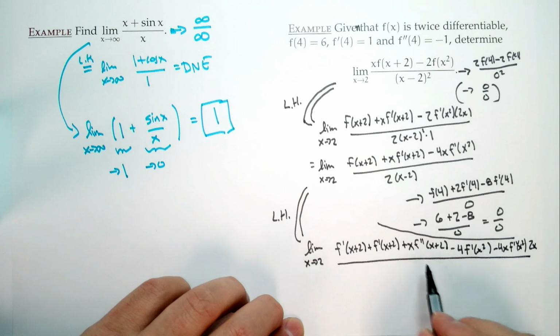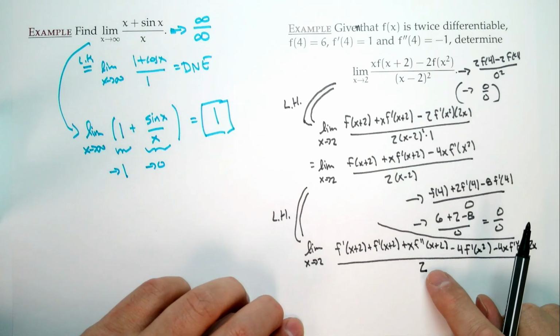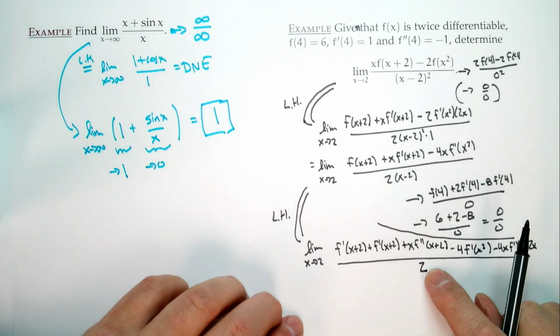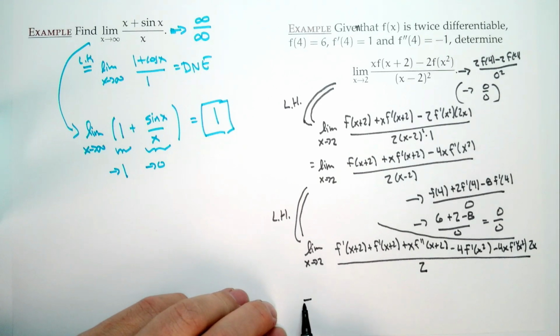All of that divided by 2. And now, you see that? Game over. Because that's not going to go to 0. So now, we don't even have to take any more limits. This equals something over 2.